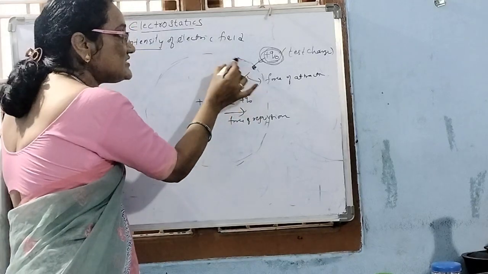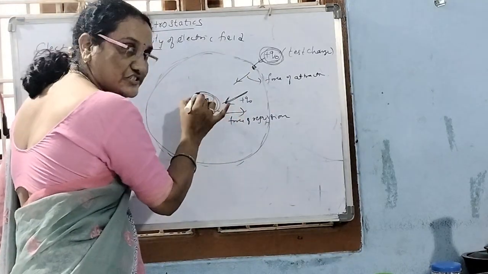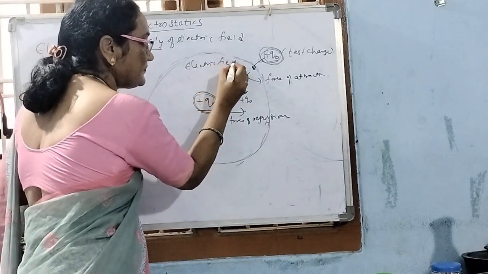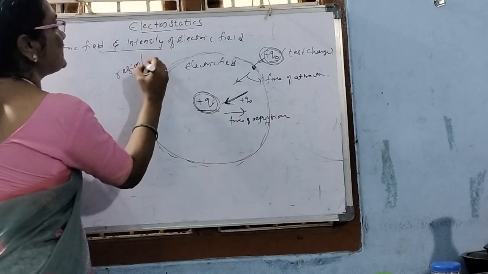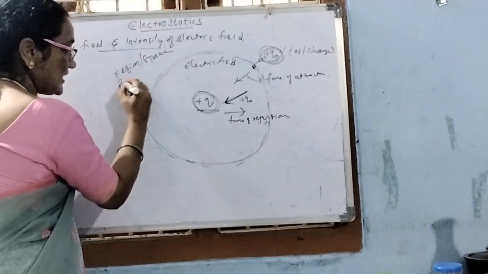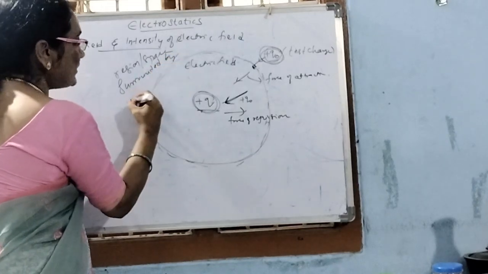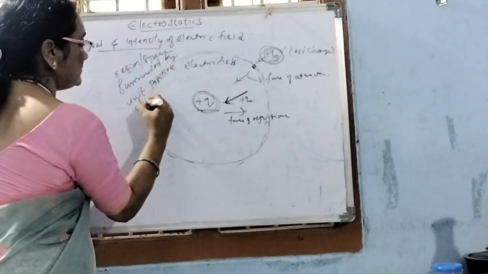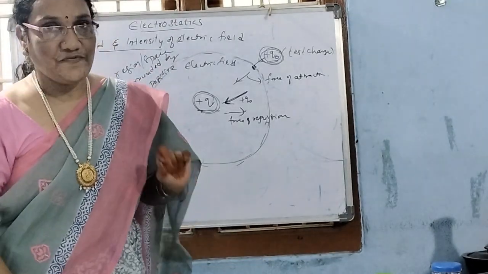This region surrounded by the positive charge, we call the electric field. The region or space surrounded by the unit positive charge, we call the electric field.